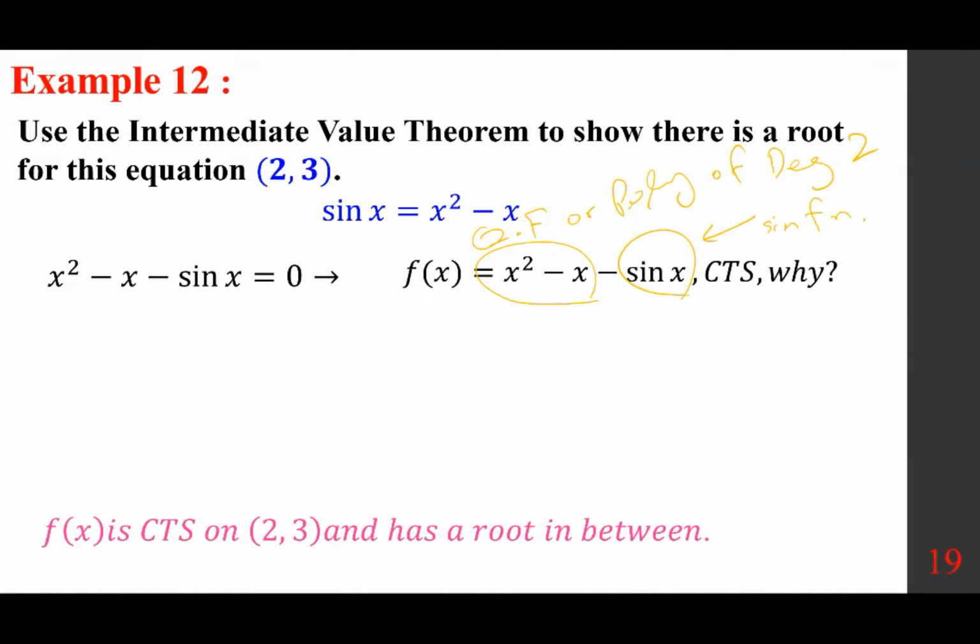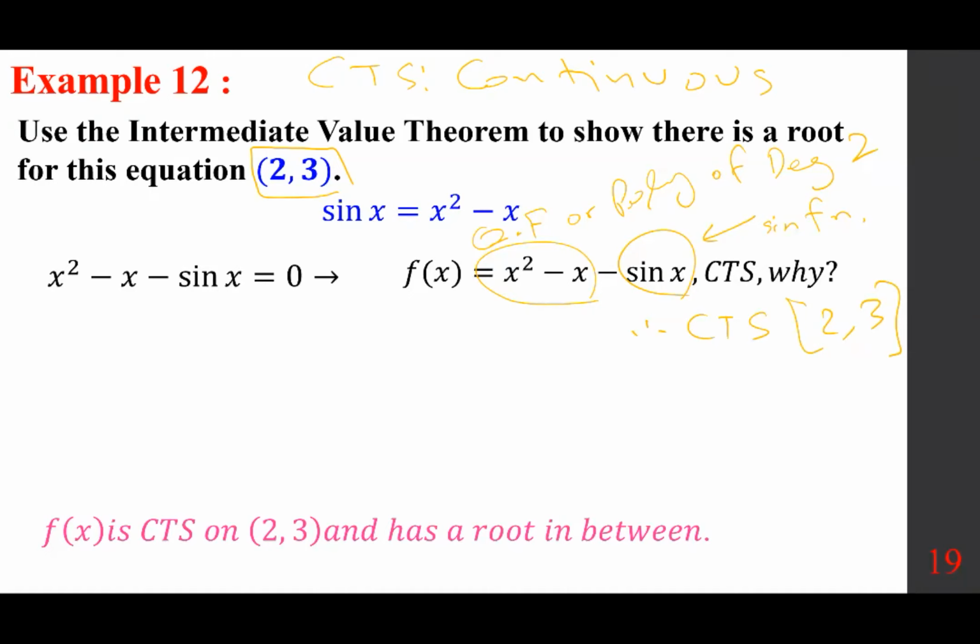And sinusoidal functions are continuous from negative to positive infinity. Therefore, this function is continuous from negative to positive infinity. Therefore, it's continuous, CTS, short for continuous, from 2 to 3 as well.